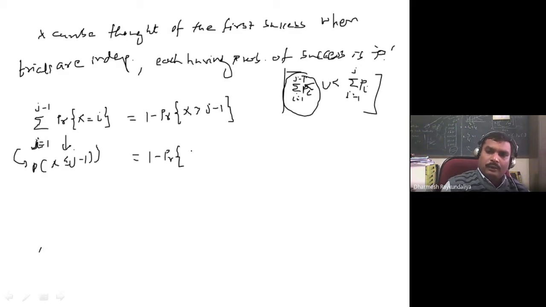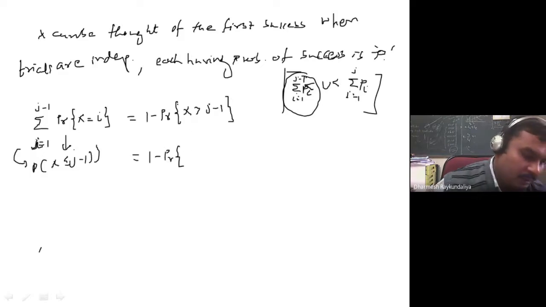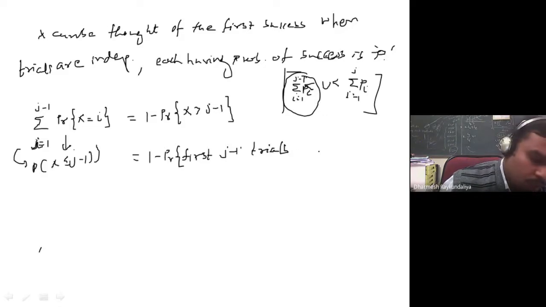So you will continue your trials till you get the first success. So when x is greater than j minus 1, it means that up to j minus 1 you did not get the success. That means the first j minus 1 trials are all failures.